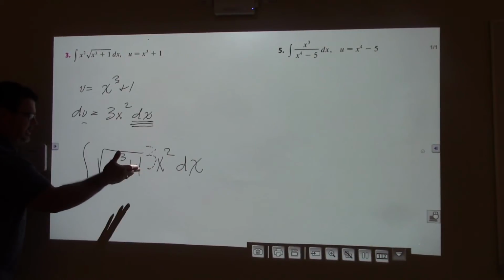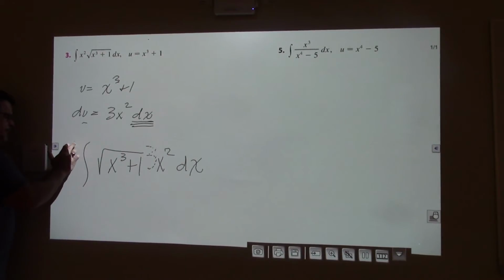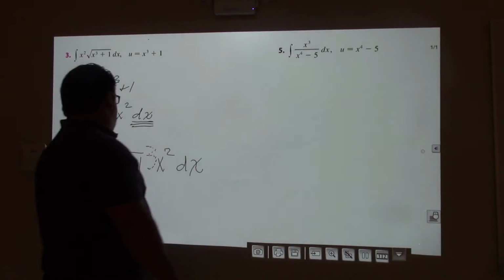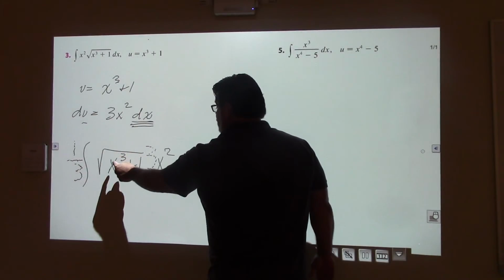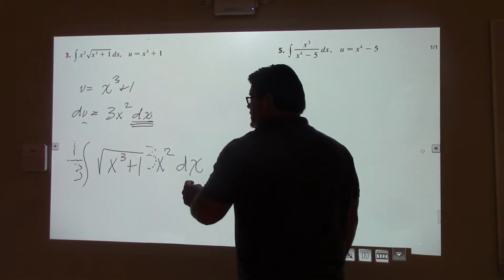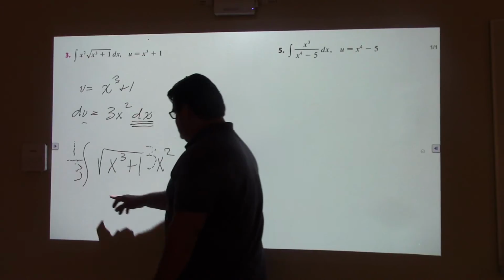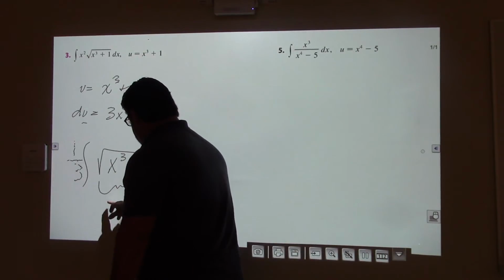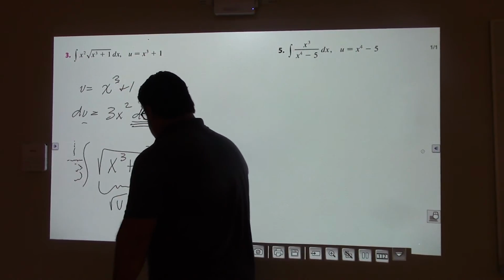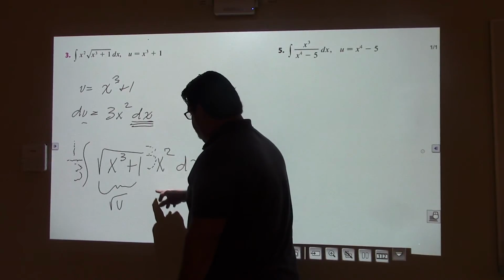And if you put a 3 in there, what are you going to put out front? Now the 1/3 is going to stay because the 3 gets used up when you do the u du. So now, what do we have? We have the square root of u du.